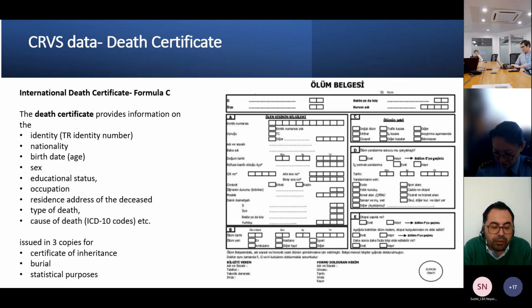Also, the correct diagnosis of the doctors or the medical personnel to attribute deaths to disasters is important. This requires training of these medical personnel also in terms of disasters and death causes.